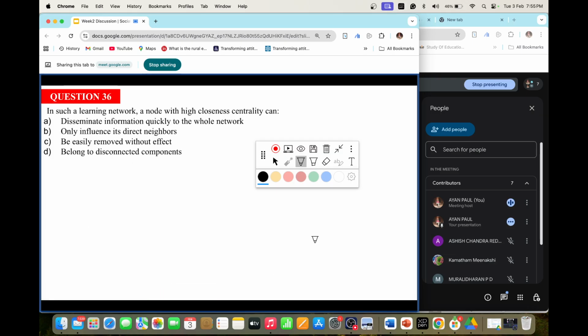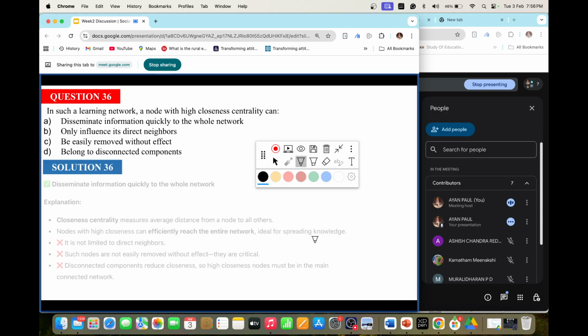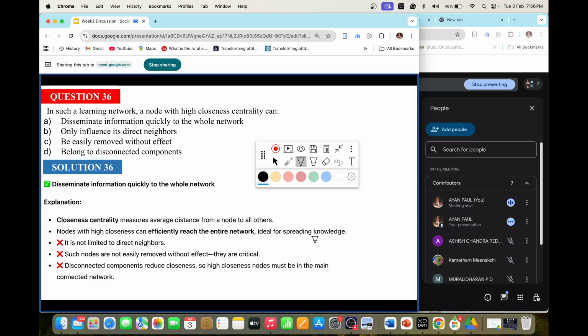In such a learning network, a node with high closeness centrality can disseminate information quickly to the whole network. The other options: only influences direct neighbors, can be easily removed without effect, or belongs to disconnected components.